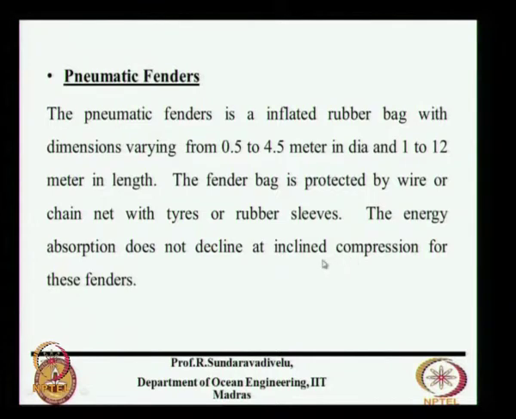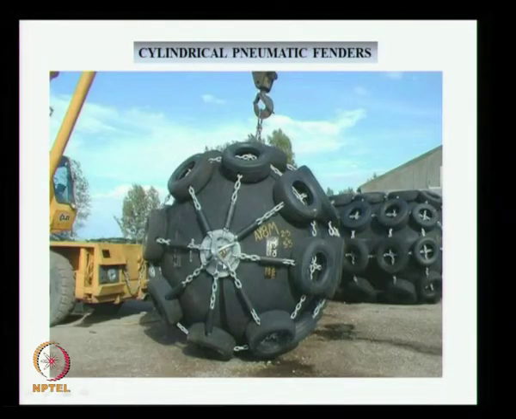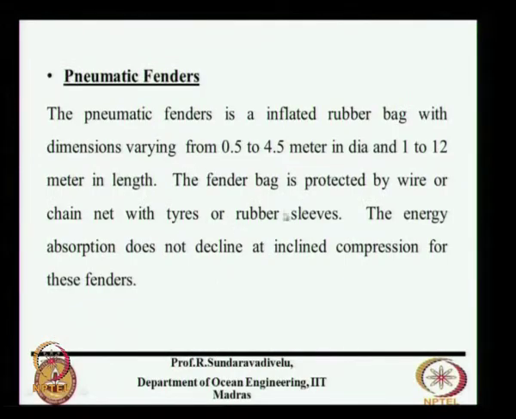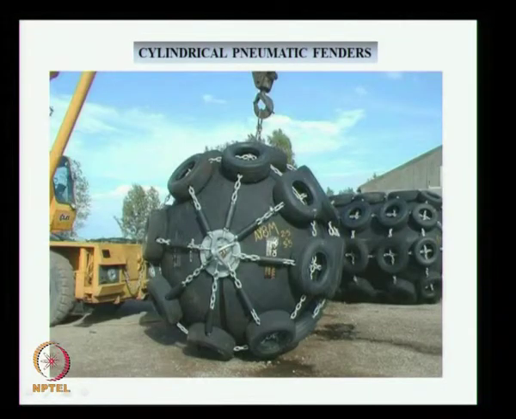I will explain about inclined compression subsequently. This is your pneumatic fender. We have discussed that these are protected by wire or chain net with tires or rubber sleeves. So these are the wires or chain nets with the rubbers with the tires which are protected.